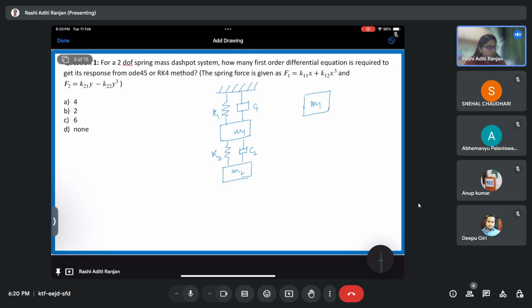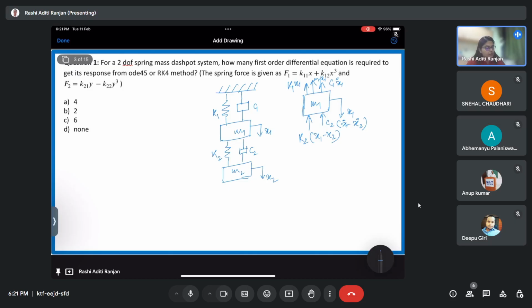Okay, so if this is a mass, here it is x1, x2. Here there will be a force k1 x1, c1 x1 dot, k2 (x1 minus x2), c2 (x1 dot minus x2 dot), and there will be an inertia force m1 x1 double dot.